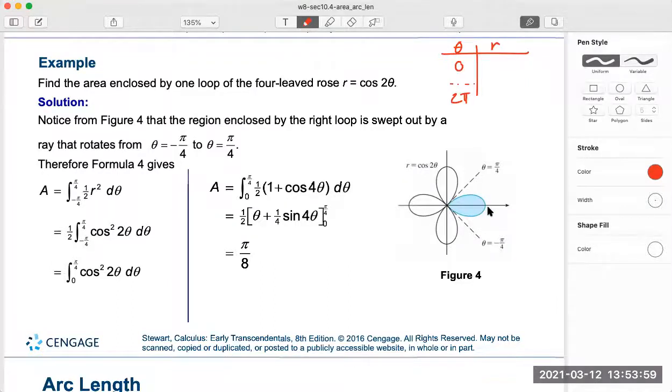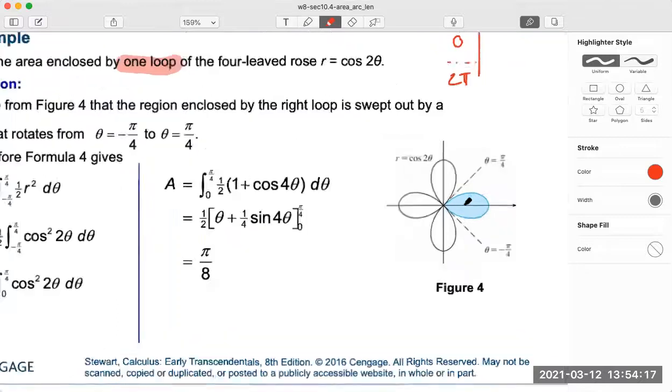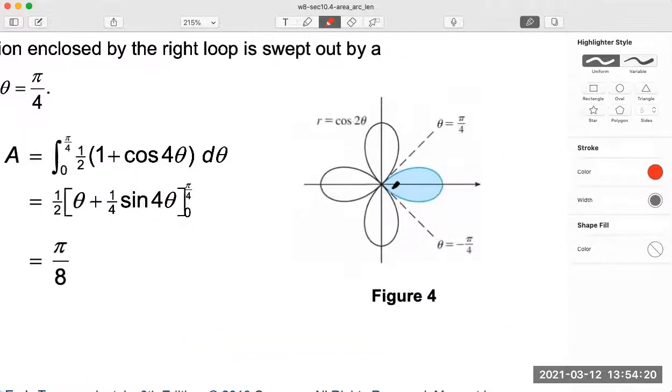So now, if we want to find the area of one loop here, right? From the previous formula, the area is the blue area here. It is the curve when theta goes from negative pi over 4 to pi over 4, right?